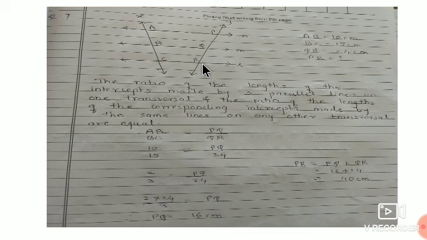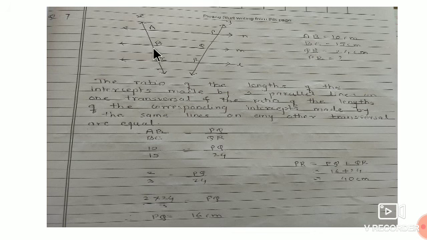And what is the property of intercepts? If B is the midpoint of segment AC, then AB is equal to BC. So we can say for PQ and QR also that PQ is equal to QR if B is the midpoint. Here in the question it is not given that B is the midpoint.